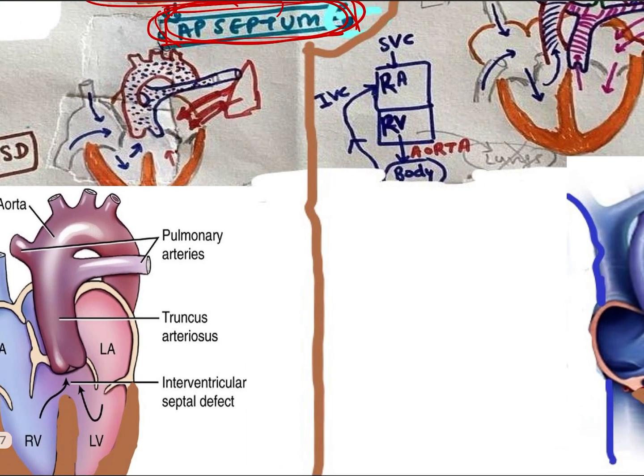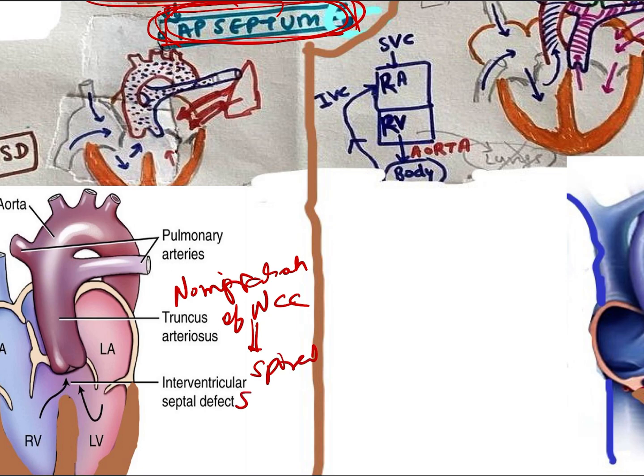You can see this truncus arteriosus. It is not divided because there is no migration of neural crest cells, hence the spiral septum is not formed.